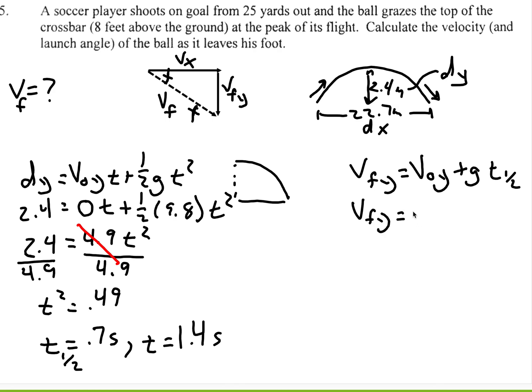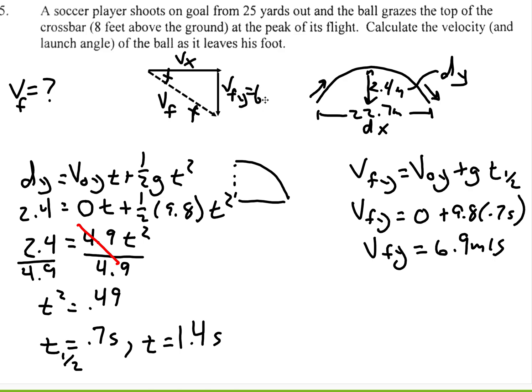So the final velocity in the y is going to be 0 plus 9.8 times that half of the time, which will be 0.7. And 9.8 times 0.7 is 6.9. So up in my triangle up here, this side of the triangle, 6.9 meters per second.